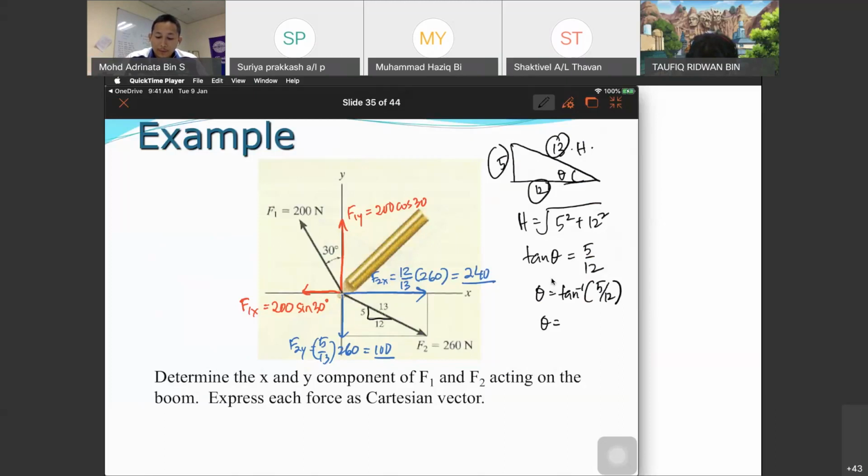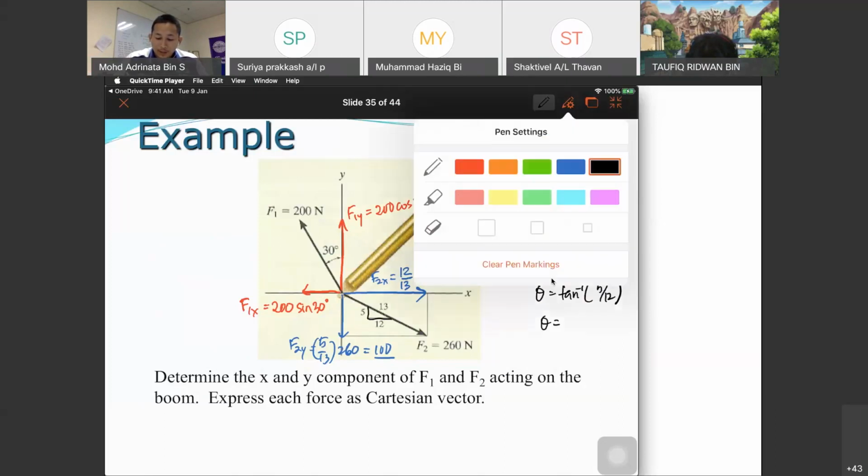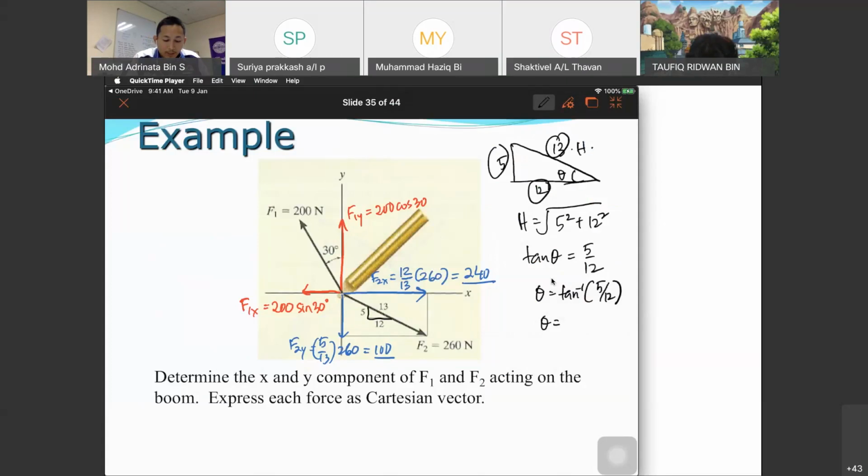So we have 5, 13, and 12. For sine, this is theta. Sine theta is equals to 5 over 13. Cosine theta is equals to 12 over 13.